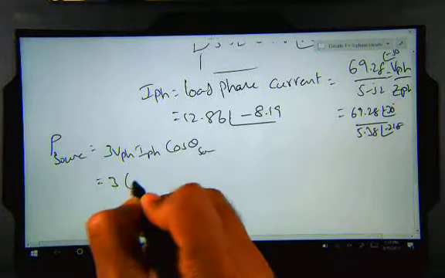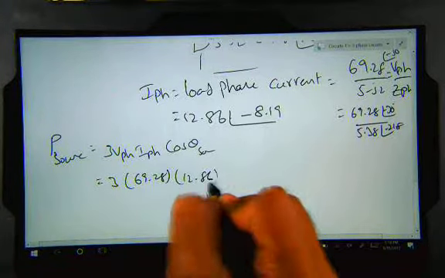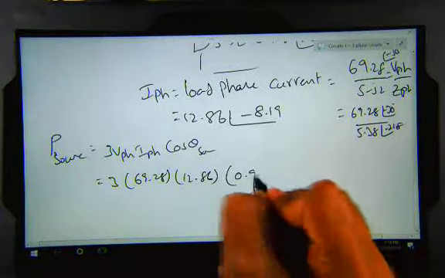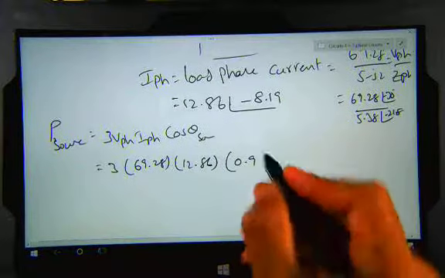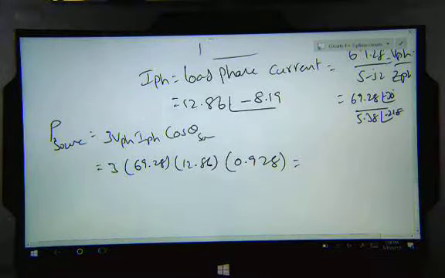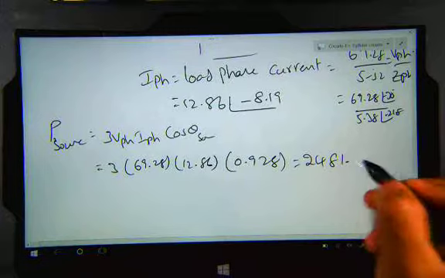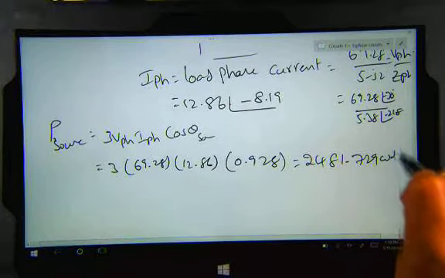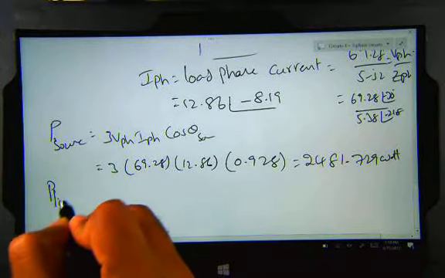So we have 3 times VPH, which is 69.28, IPH is 12.86, and cos theta is 0.928. That is the source power, which is 2481.729 watts.